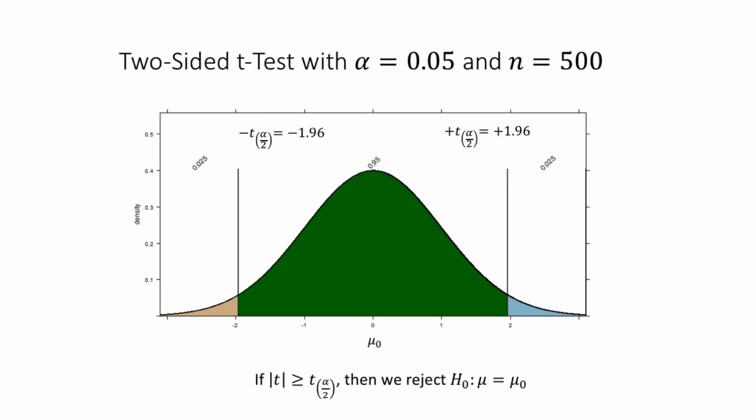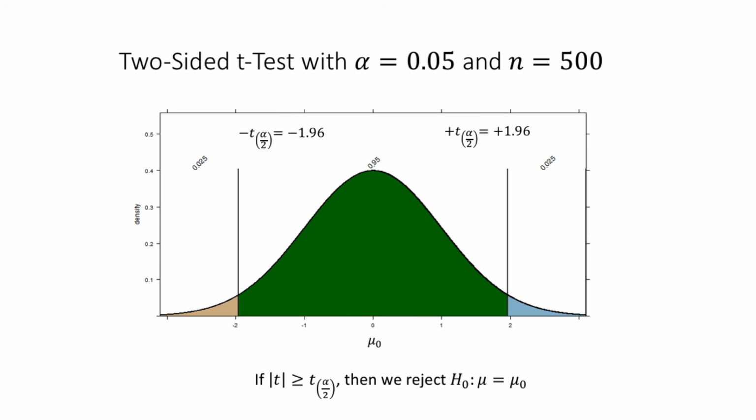Right? If we have a sample size of 500, on the t-distribution, the critical values are similar to those, with a rounding error, of the standard normal distribution. So with a larger sample size, the t-distribution approximates the standard normal distribution, and our t critical values are negative 1.96 and positive 1.96 roughly.